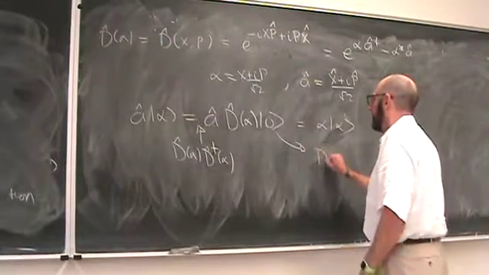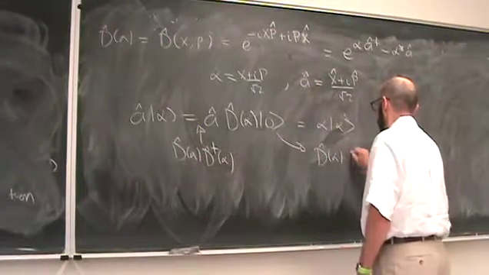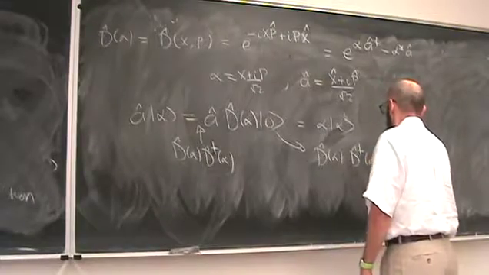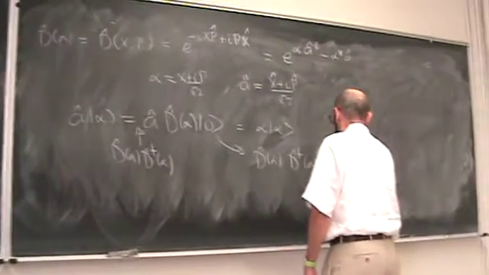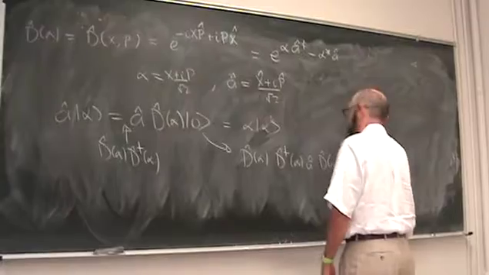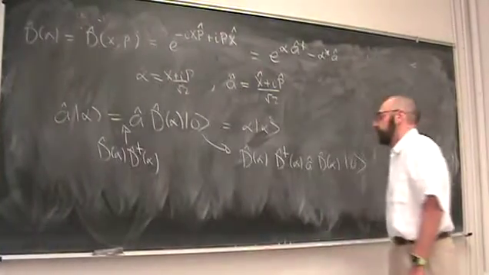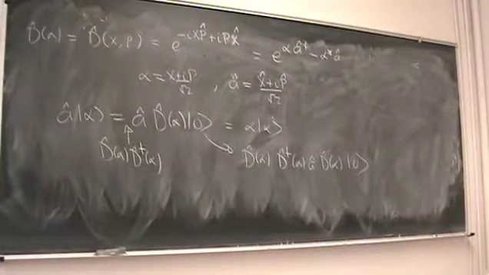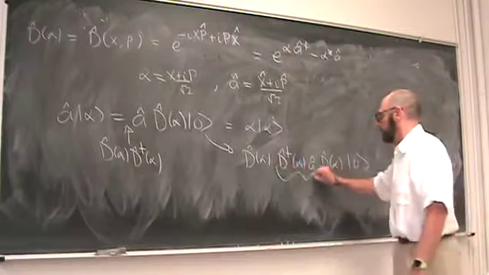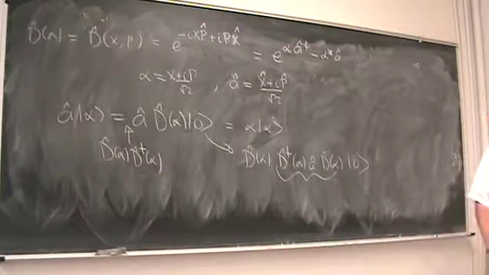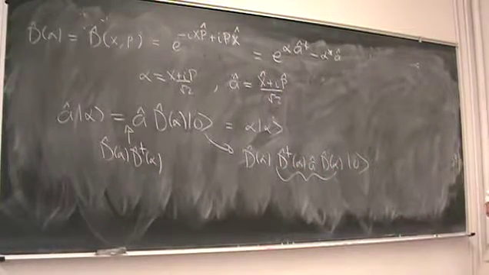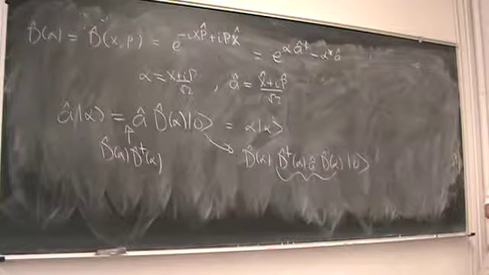That then is equal to D dagger A D alpha 0, right? And what's that? Well, how are you going to do that? Let's just quickly remind ourselves of the last thing we did.